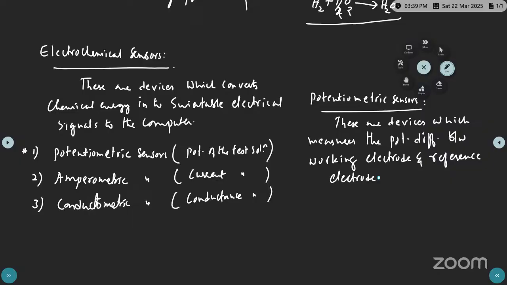Okay, what are potentiometric sensors? These are devices which measure the potential difference between the working electrode and reference electrode.